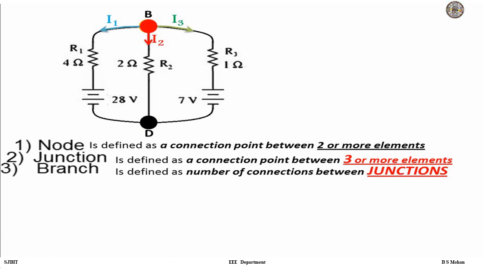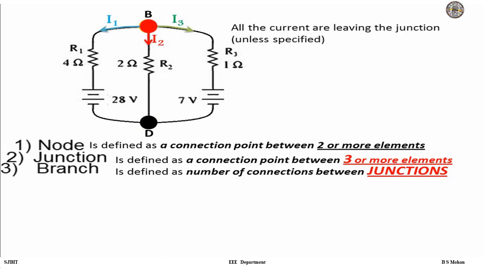And we know that current flows from positive to negative. So we have assumed point B as positive and point D as negative. Thus the current flows from positive to negative. Thus all three currents, I1, I2 and I3, are flowing from assumed positive to assumed negative, right?